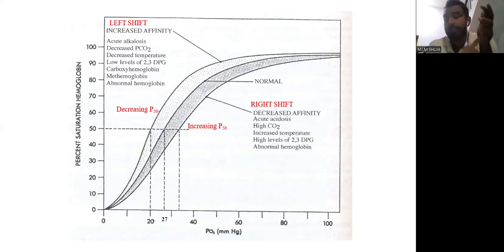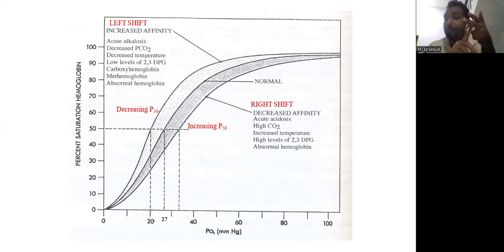When you're doing exercise, what will happen? Your oxygen is used. Your carbon dioxide is produced. So your carbon dioxide level is increased. When the carbon dioxide level is increased, it combines with water and produces H plus. When H plus is increased, what happens to the pH? The pH is reduced. When you are doing exercise, because of the muscle contraction, the temperature is increased.